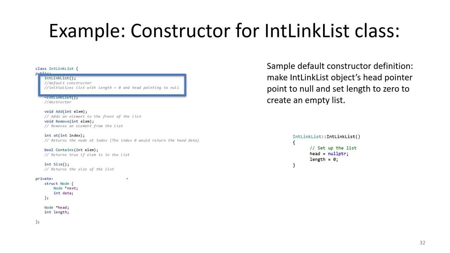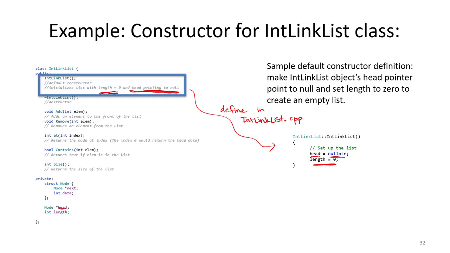For example, if we wanted to define this default constructor in our intLinkList.cpp file, all we would need to do is make our private variable head point to null, and we would initialize our length to be 0, because that was the desired initial conditions specified in the precondition and postcondition comments.